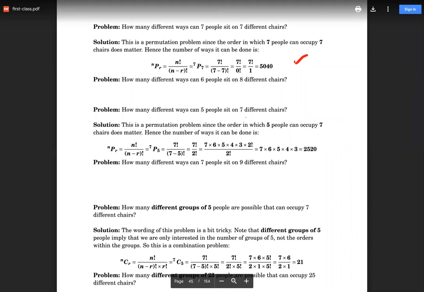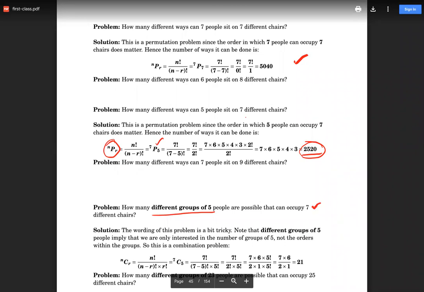Order matters, so you'll be doing permutation. It's going to be 7P5, and 5 people could sit in 7 different chairs, where order matters, in 2,520 different ways. Now this is a tricky one: how many different groups of 5 people are possible that can occupy 7 chairs?